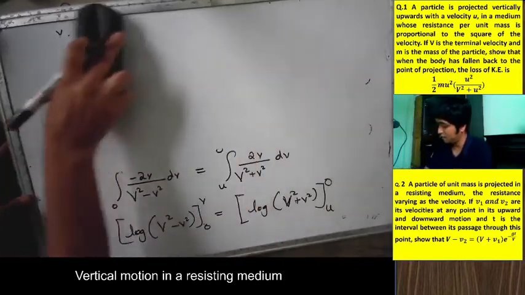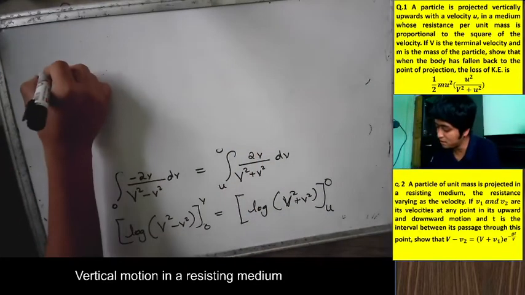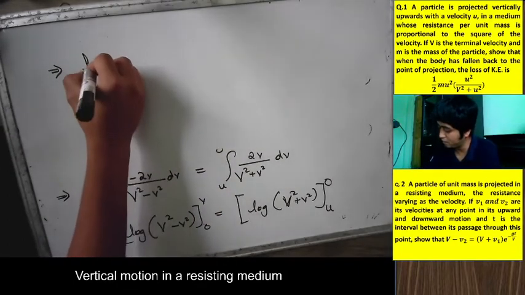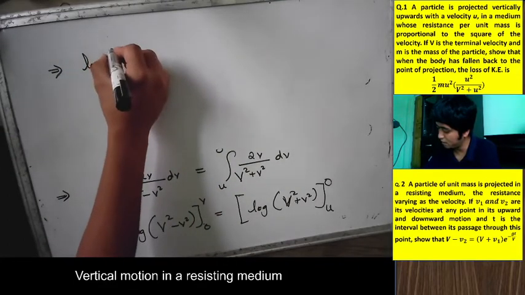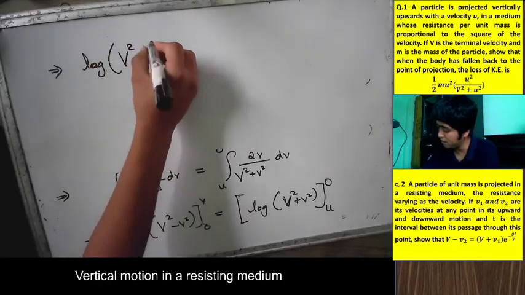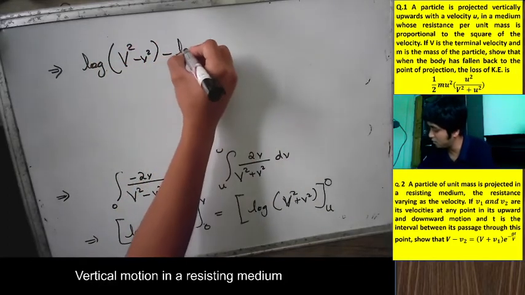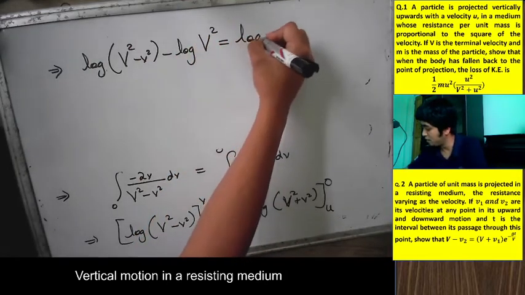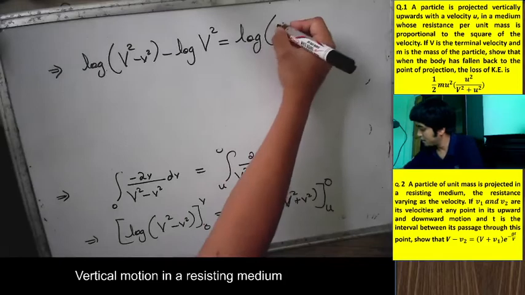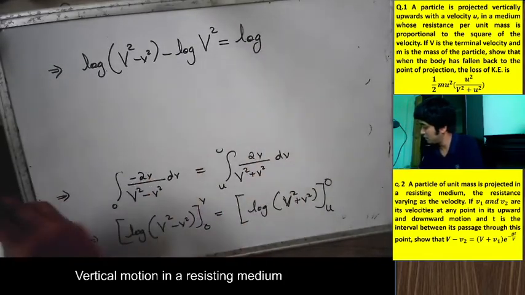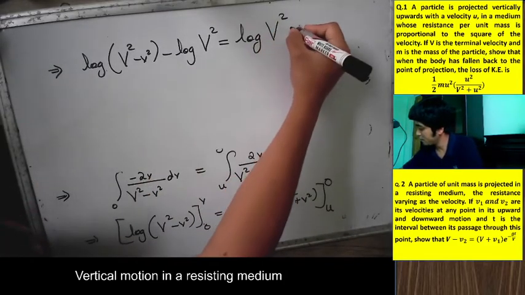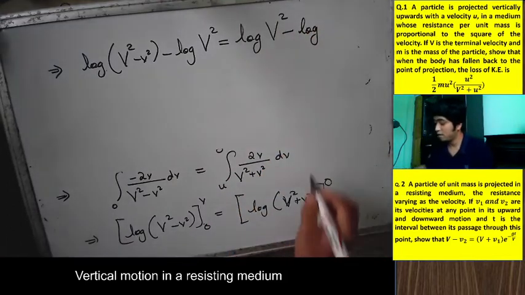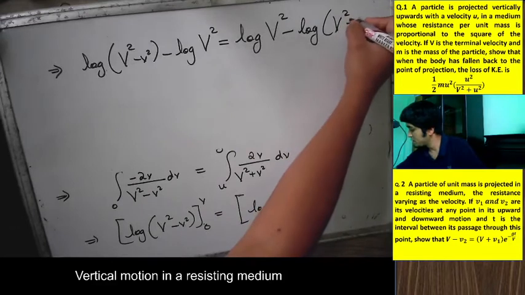Now just substitute the limits. Substituting the limits, we will be having log v square minus v square minus log capital V square. Over here we will be having log v square minus log v square plus u square.